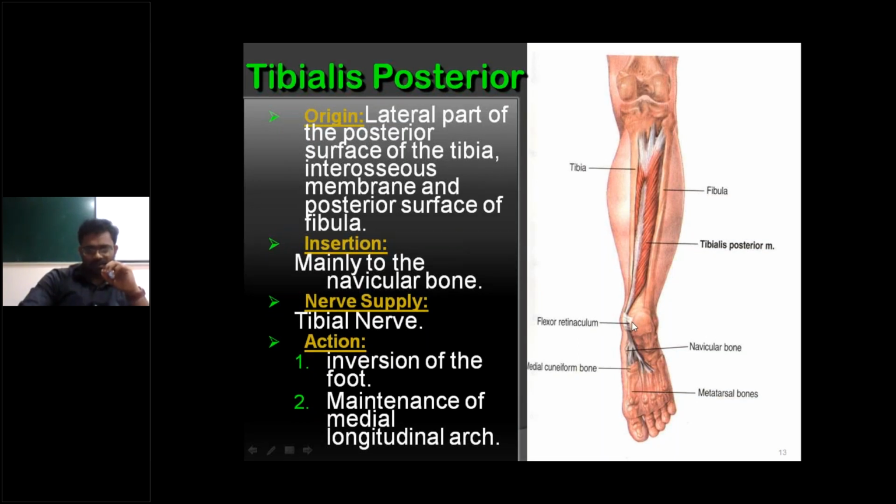This tendon is close to the medial malleolus, passes beneath the flexor retinaculum, enters the sole of the foot, and divides into a number of fibrous bands. Mainly the tendon of tibialis posterior is inserted to the tuberosity of the navicular bone, or simply say the navicular bone.